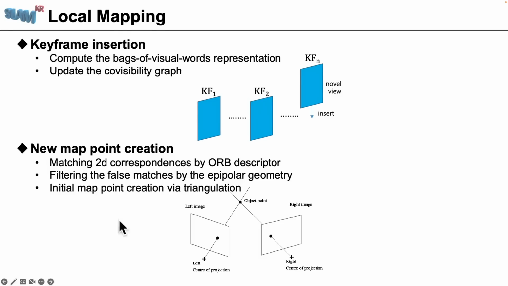Then we can find the intersection of two rays, and find the exact 3D map point in the scene. That's the triangulation.